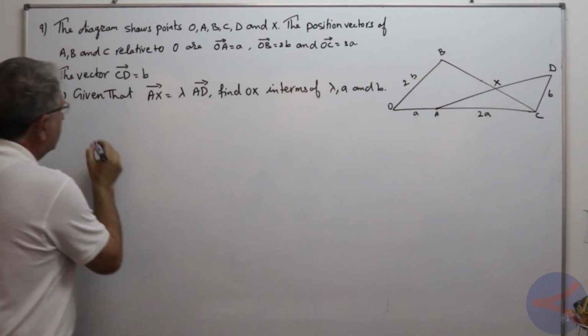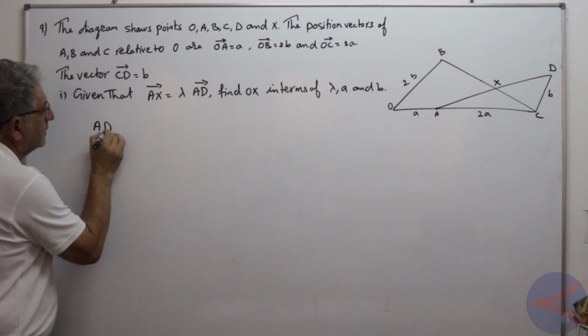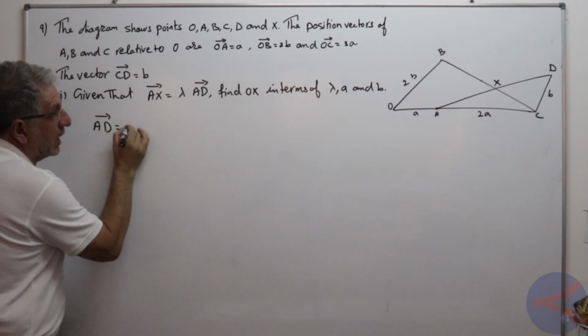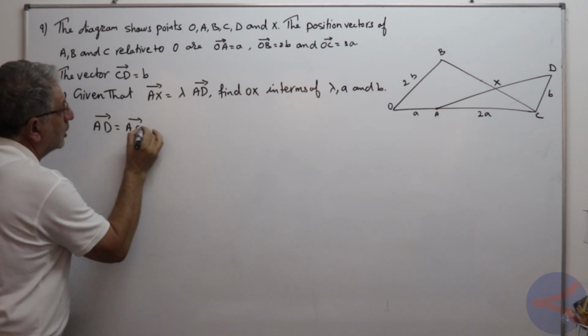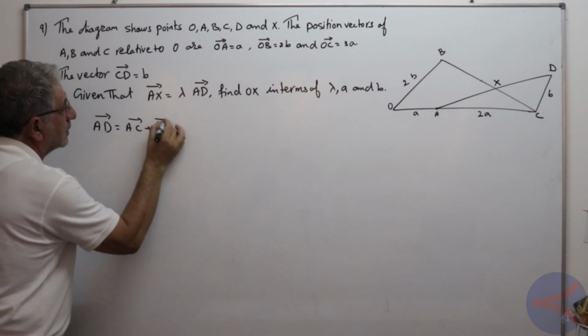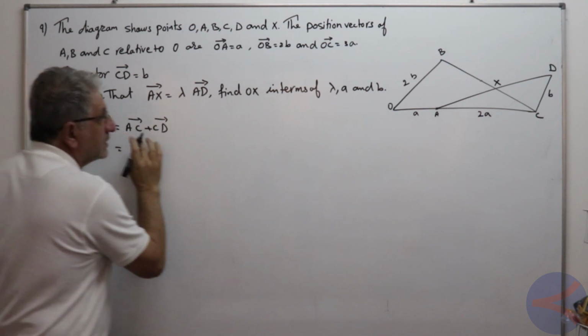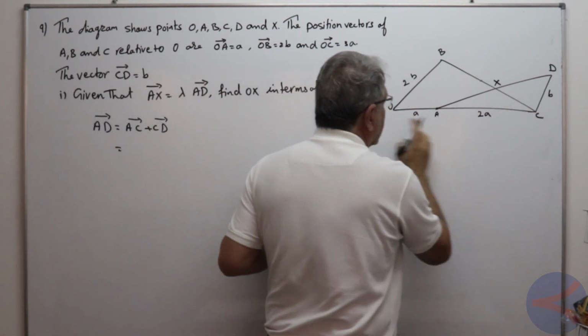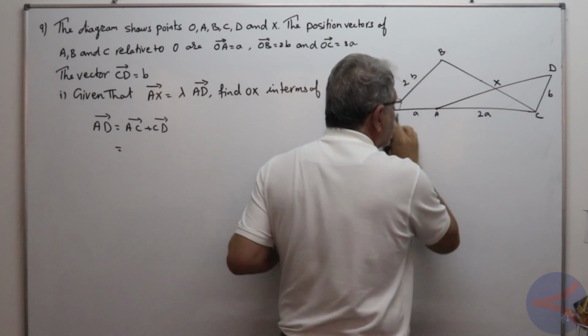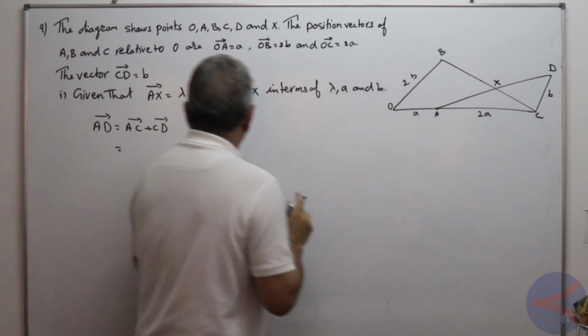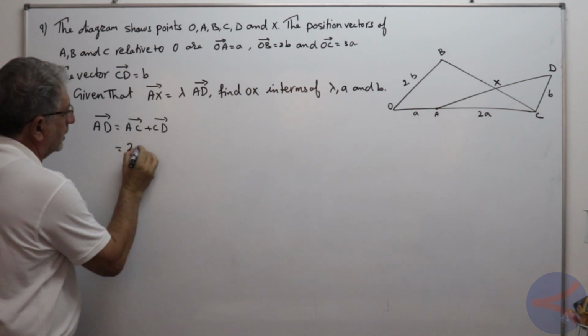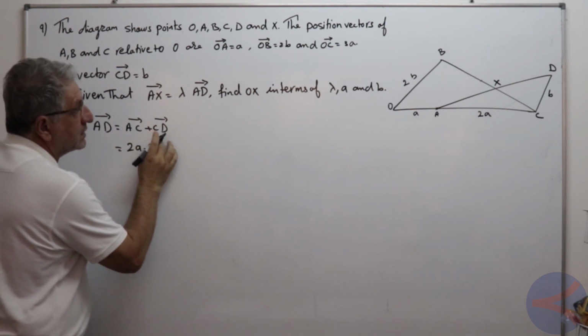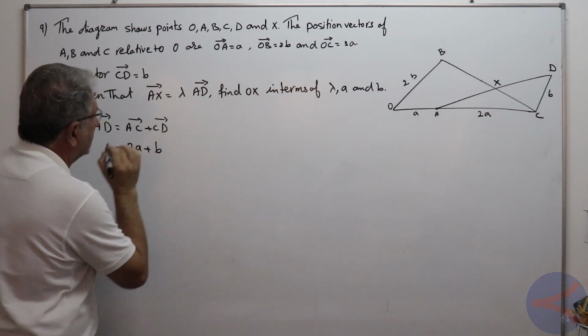Therefore, vector AD is equal to AC plus CD. AC is 2a because this is 3a, this is a, therefore this should be 2a, plus CD. CD is b, it's already given.